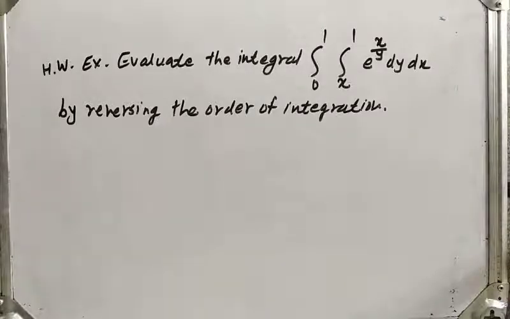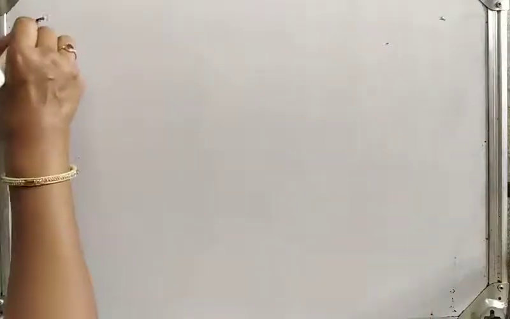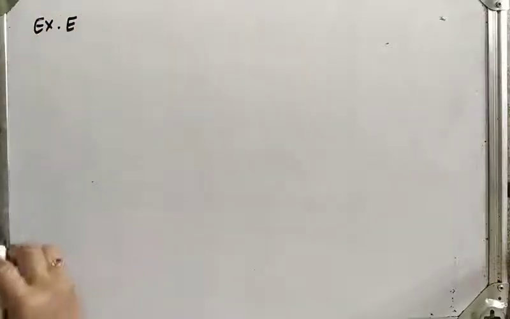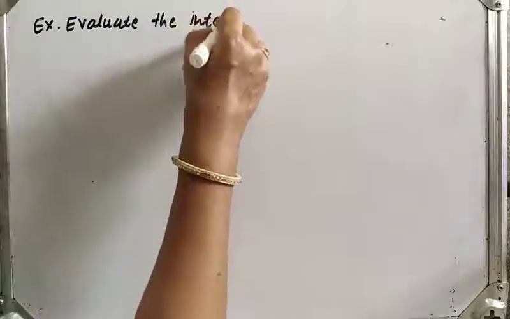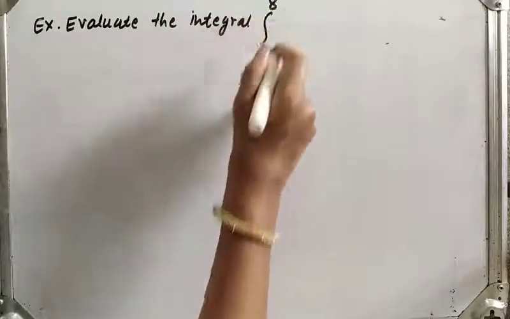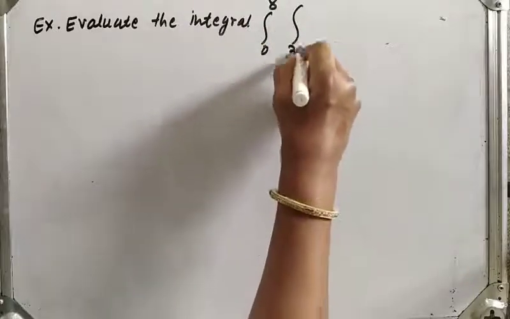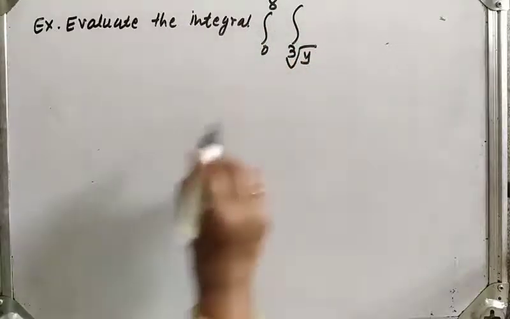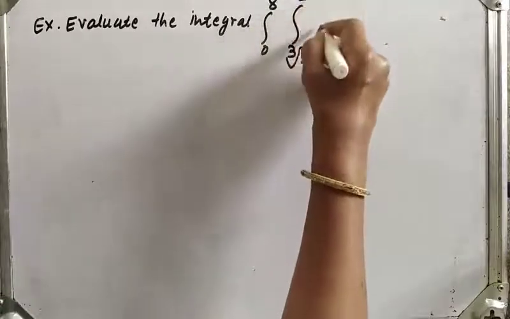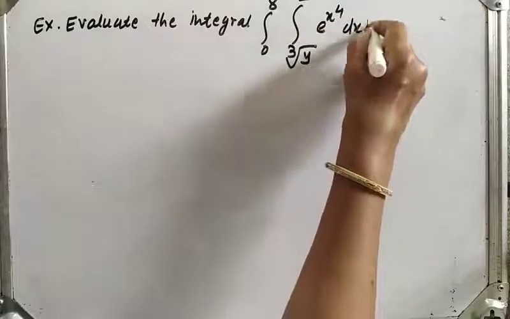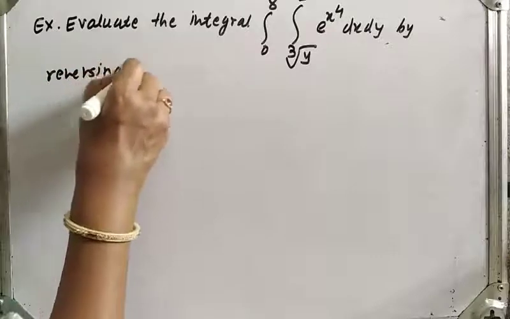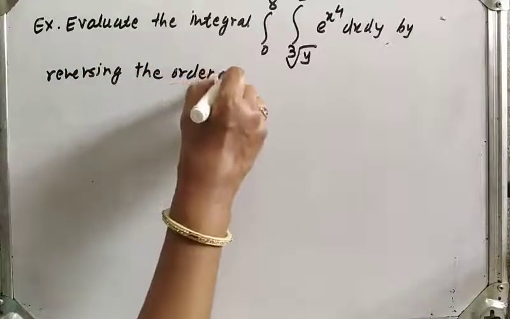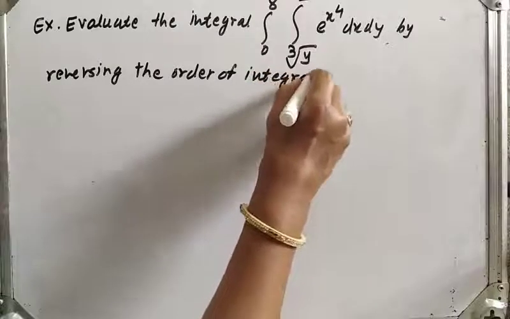Let us solve another example. Evaluate the integral 0 to 8, cube root of y to 2, e raised to x raised to 4, dx dy, by reversing the order of integration.